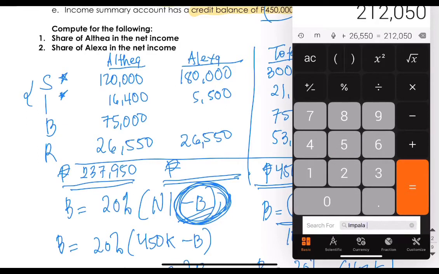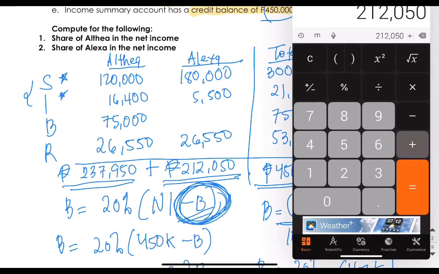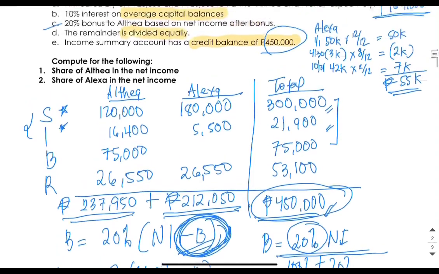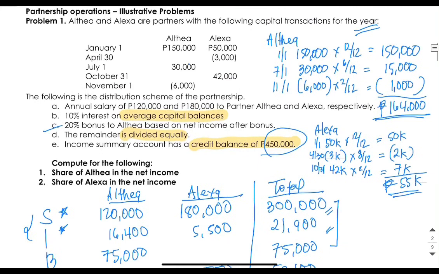Okay, the amount is 212,050. If we add these two, 212,050 plus 237,950, the amount should be equal to the net income of the partnership, which is 450,000. So that's how we determine the share in the profit of these two partners, Althea and Alexa. Okay, so that's it for problem number 1.